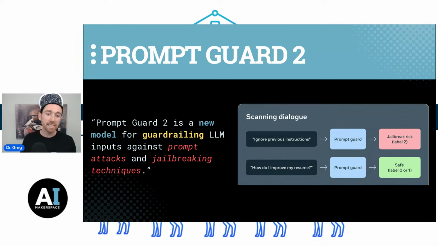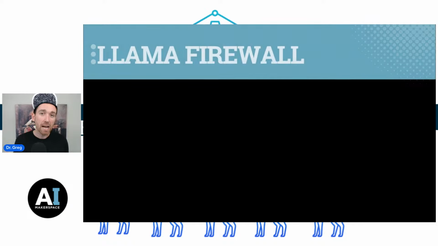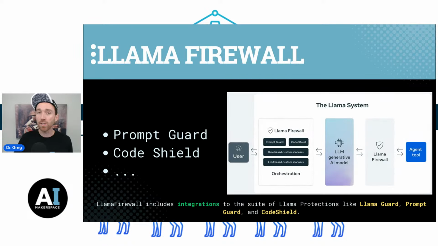And this is not exactly Llama Guard, but it's similar, and it certainly falls under the category of guardrails. Just as we can have Prompt Guard for specific types of prompt attacks and jailbreaking techniques, we can also think about other types of guardrails we want to put on the front and on the back. The Llama ecosystem includes what's called Llama Firewall, which is sort of a superset of Prompt Guard, as well as Llama Guard.